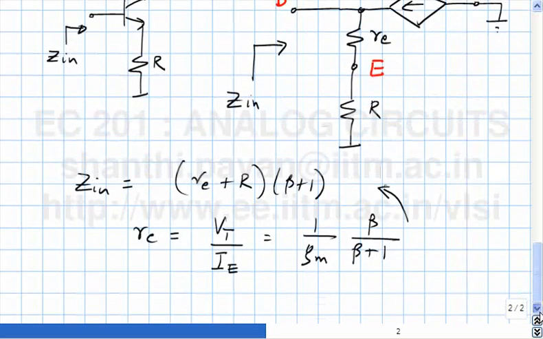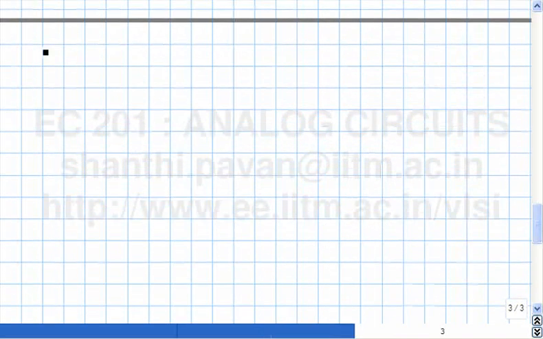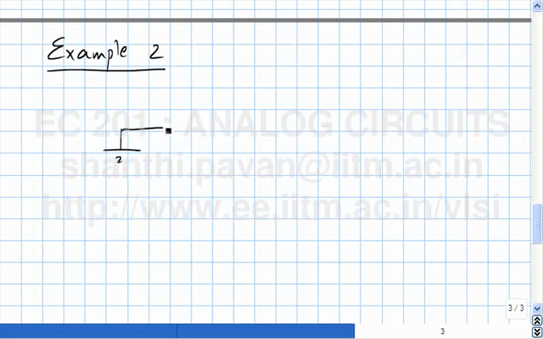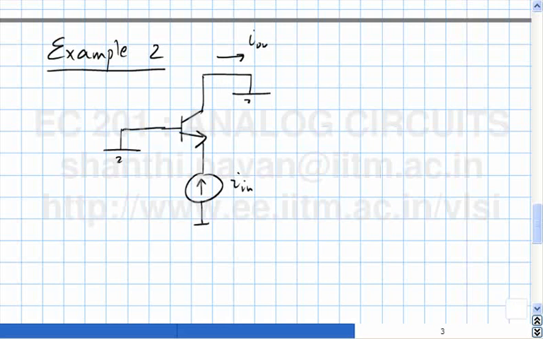Another example where this representation is useful is the following. Yesterday we computed the input impedance of the common base amplifier, and the incremental picture of the common base amplifier is the following. I in, and this is I out. Yesterday we put in the hybrid pi model and found the input impedance.